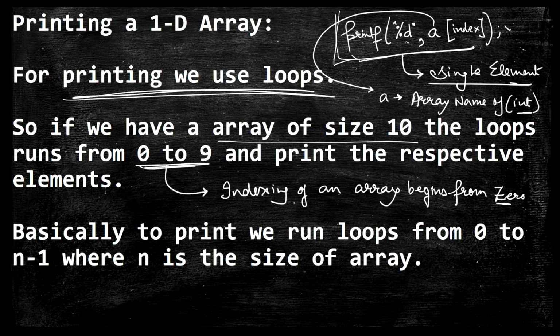Understood? So the loop runs from 0 to 9 and prints the respective elements. Basically, to print, we run loops from 0 to n-1, where n is the size of the array. We will understand this just now.